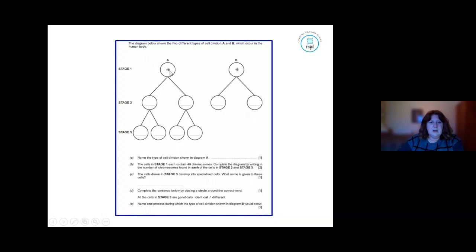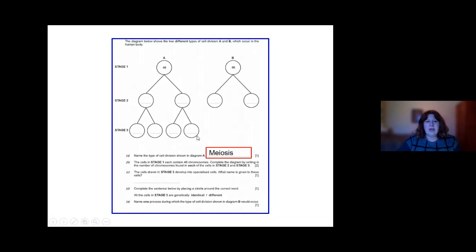So if we start with, it says at the bottom, name the type of cell division shown in diagram A. So let's have a little look. It's got two divisions. We've got two cell divisions and we've got 4 cells. So we should be able to work out from that that A is meiosis.